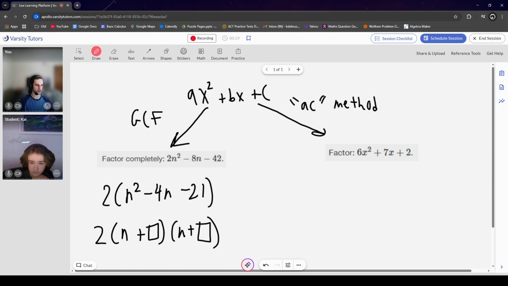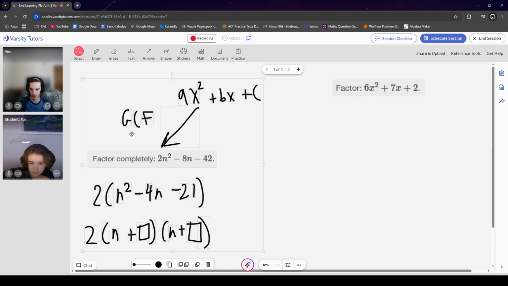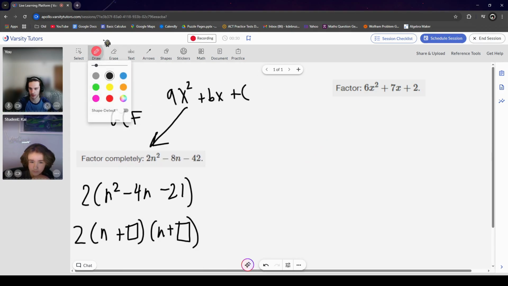You'll see here that we can't break it down any further. We can't pull out a 6 or a 2 or a 3 or anything like that. It's already as simple as we can make it. So how we do the AC method is, I'm going to move this up a little bit so I have a little more room to work with.